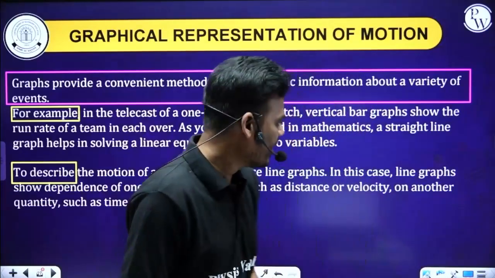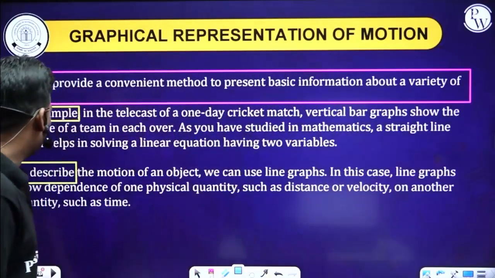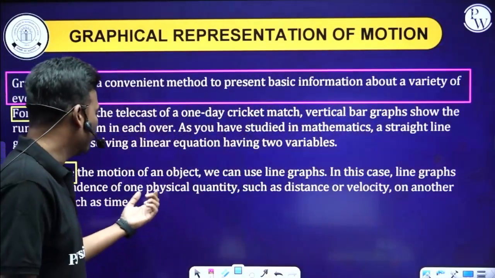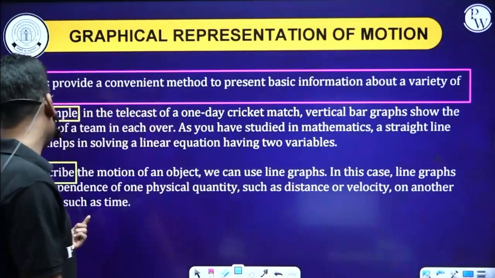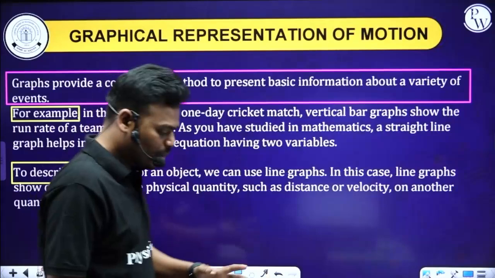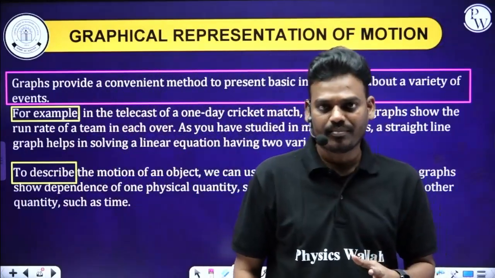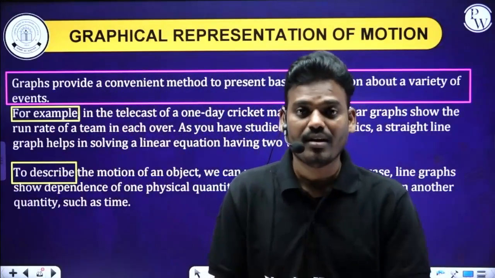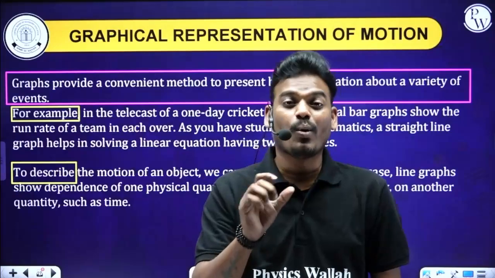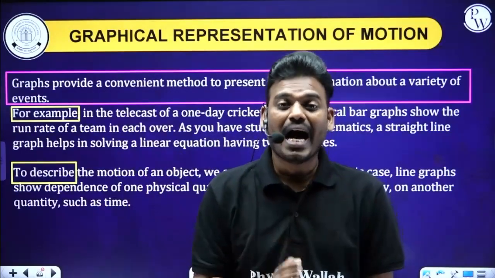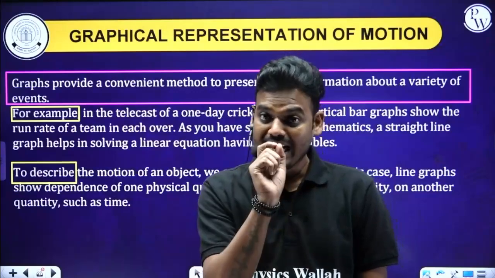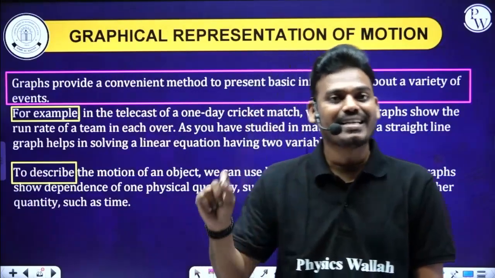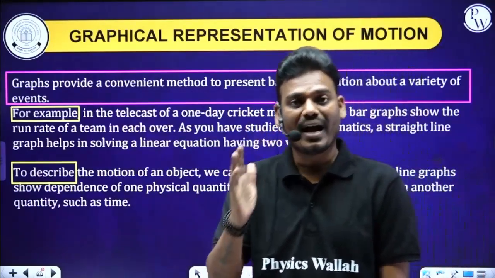Getting my point? Okay. Now, a line graph shows the dependence of one physical quantity, such as distance or velocity, on another quantity such as time. Okay. So while representing quantities graphically, we have to use independent quantities along the x-axis and dependent quantities along the y-axis.